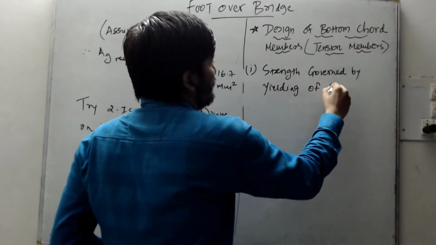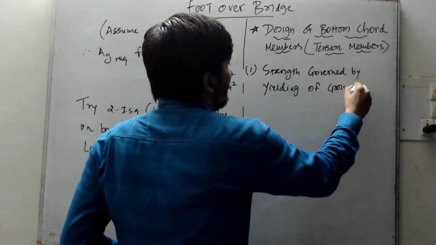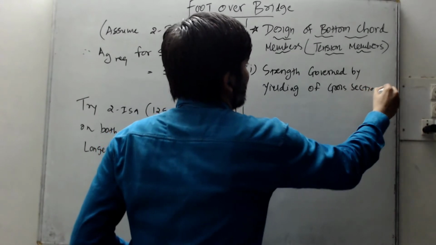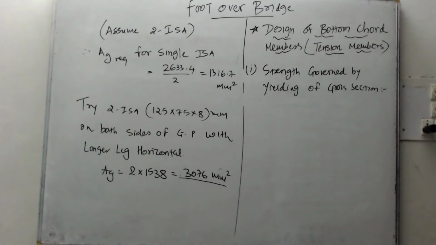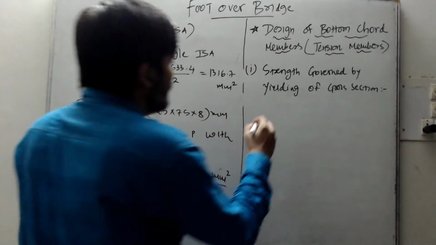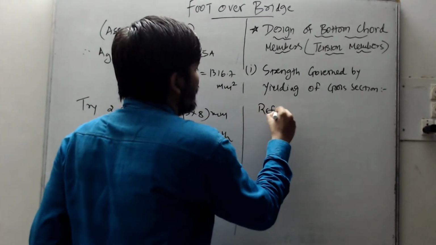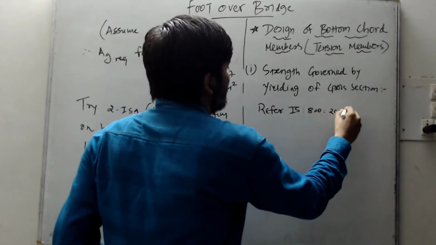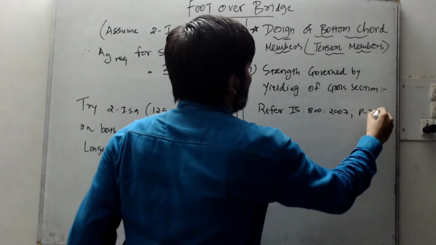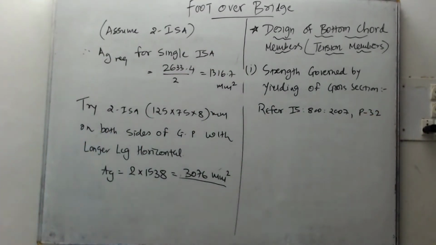The formula for this is given in IS 800 2007, page number 32. So refer IS 800 2007, page number 32. If you refer to page number 32, you have a formula of TDG, that formula that we used in the first step. So TDG is equal to AG into FY divided by gamma M0.